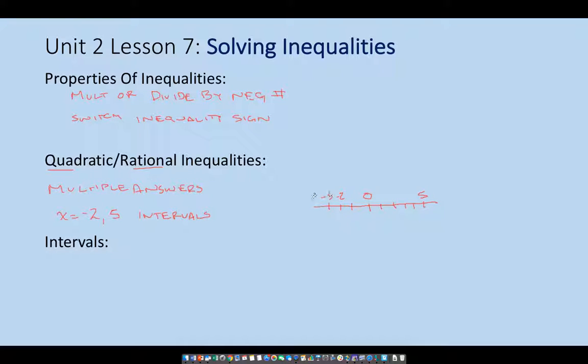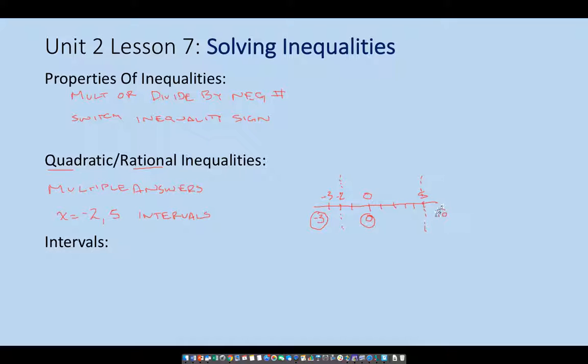If negative 2 and 5 were the solutions I came up with, my intervals would be: there's everything less than negative 2, there's the stuff in between negative 2 and 5, and then there's the stuff that's greater than 5. You're going to pick test points for each one of these intervals, and they're either going to be true or false. So negative 3, 0 would be a good test point, maybe 10.